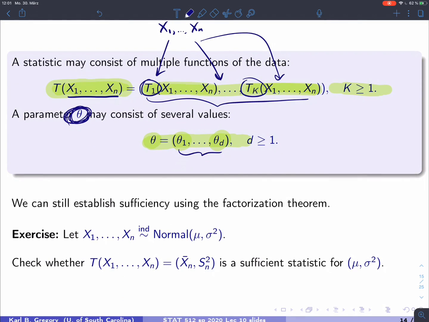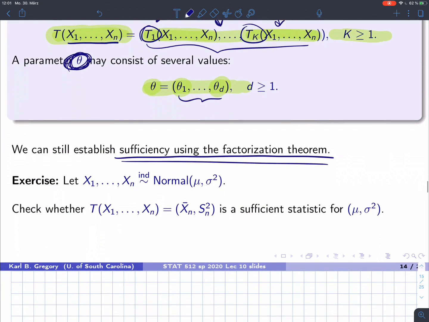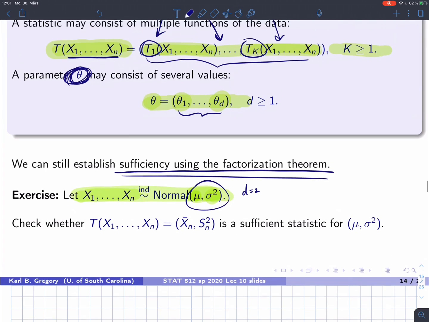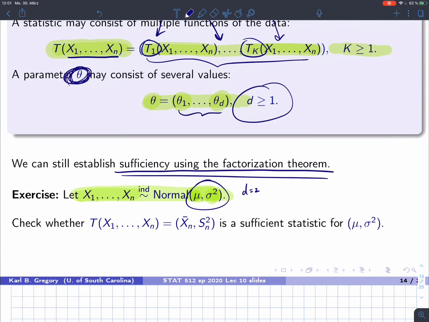We can still use the factorization theorem in this setup. So here's that kind of situation in this exercise. So if we've got a random sample from the normal distribution with mean mu and variance sigma squared, we have two parameters, so d is 2.